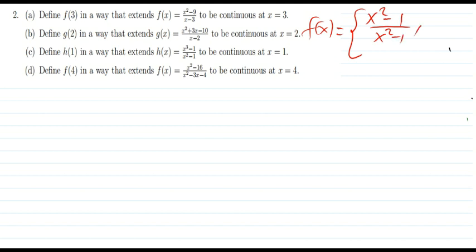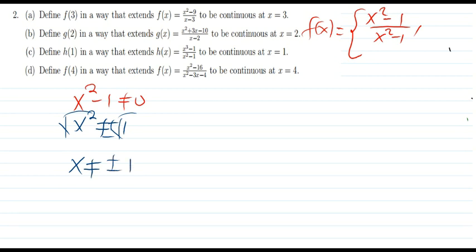I need to take the denominator and equate it not equal to 0, because on the denominator we cannot have 0. So I'll have x squared should not be equal to 1. If I take the square root of both sides, here I have plus or minus, so x will not be equal to plus or minus 1. Okay, so that will be the condition. The condition should be x should not be equal to plus or minus 1.